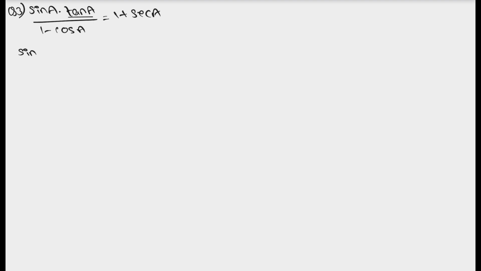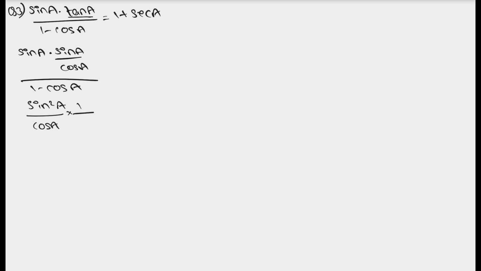So here we'll be having sine A into, as we know, tan can be written as sine A by cos A, and whole divided by 1 minus cos A. So sine into sine is sine square A by cos A. So this will be having 1 by 1 minus cos A. And we have an identity, right?